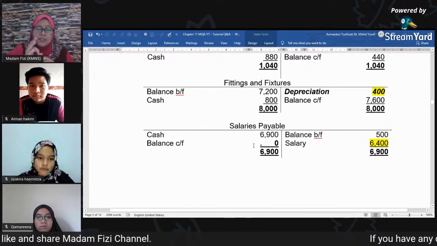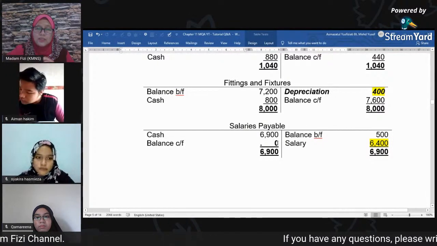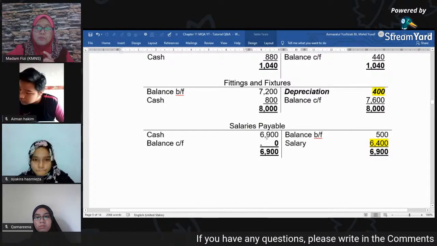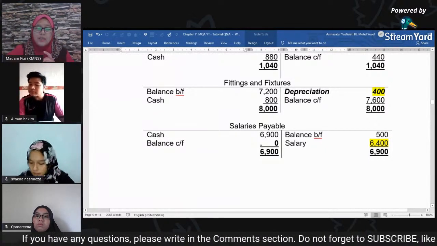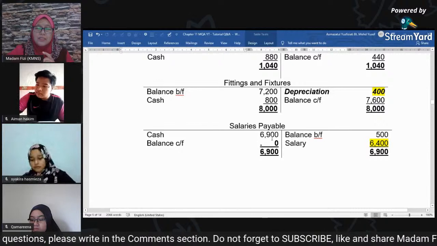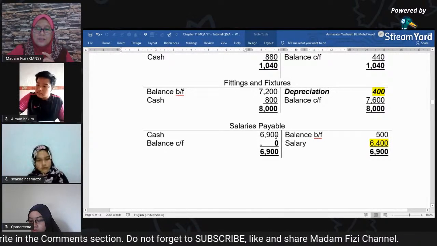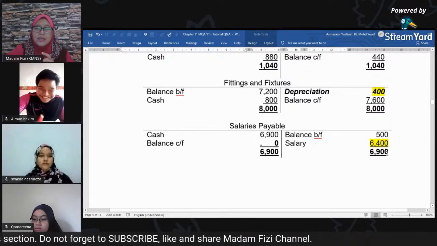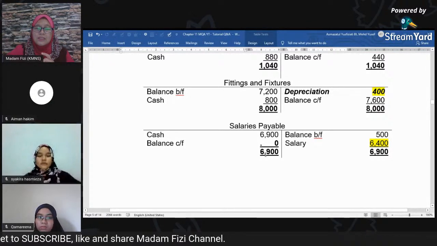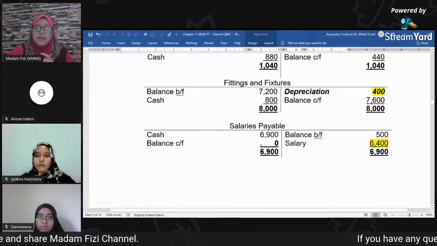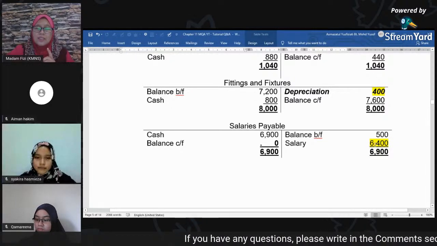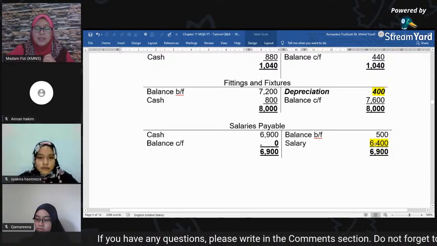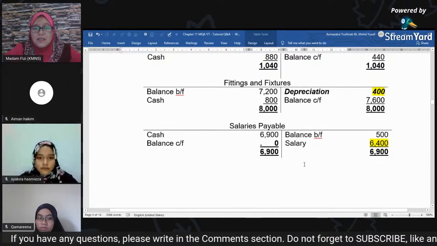Balance carry forward is 0, so I put 0 here. And also we pay salary. So put cash at the debit side 6,900. So you balance the account, you get 6,900 and the missing figure is 6,400. So this is the salary expenses.